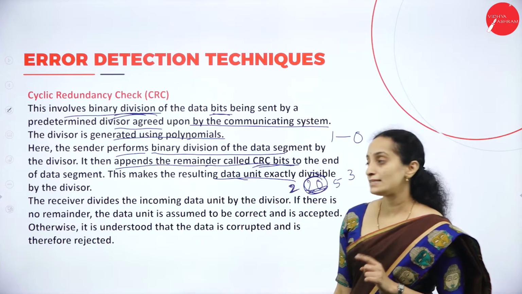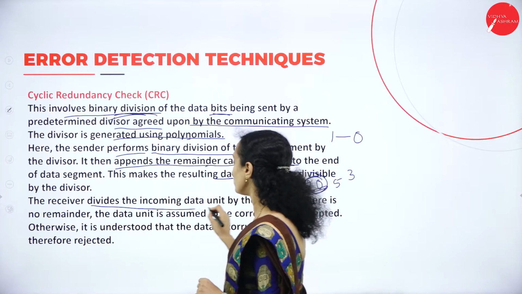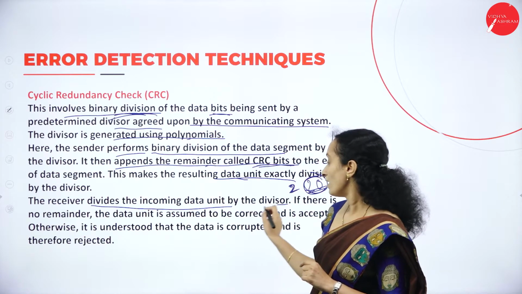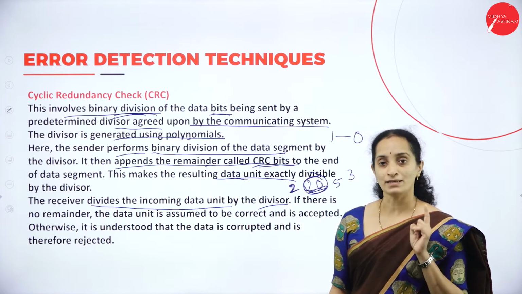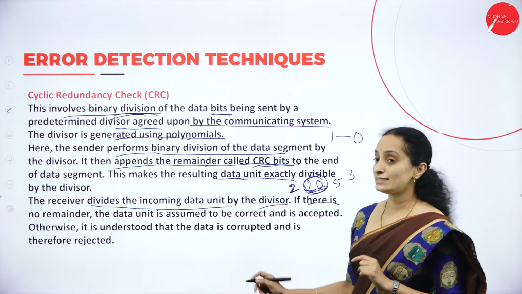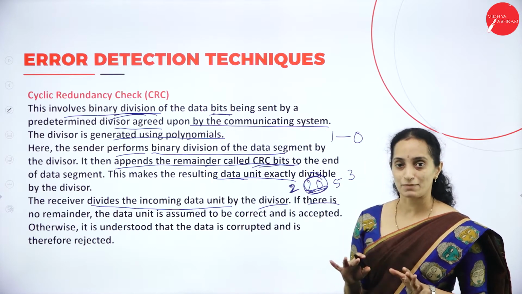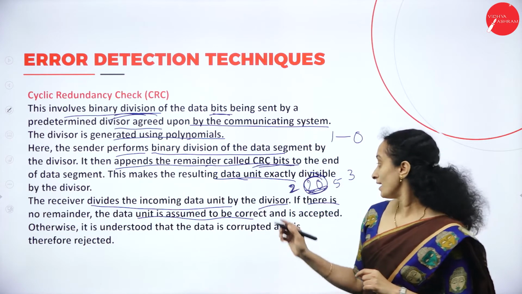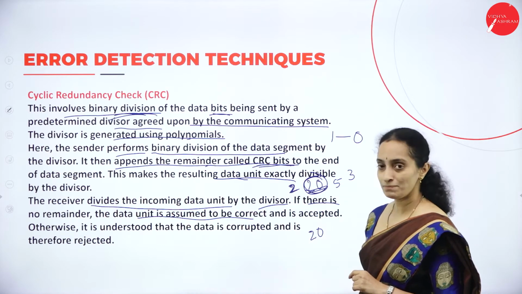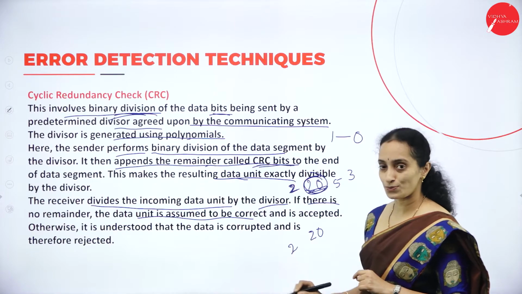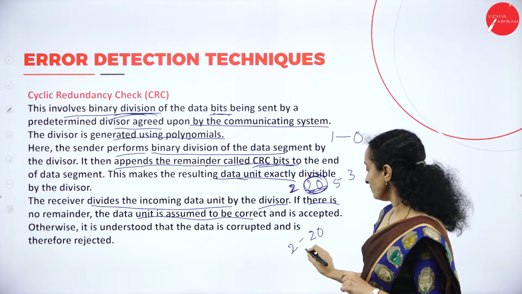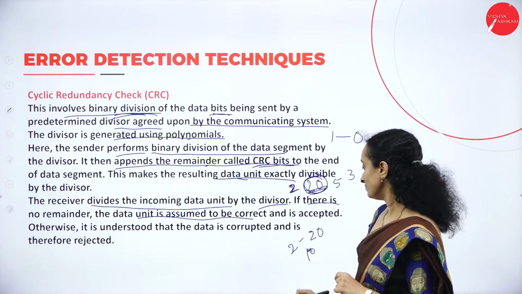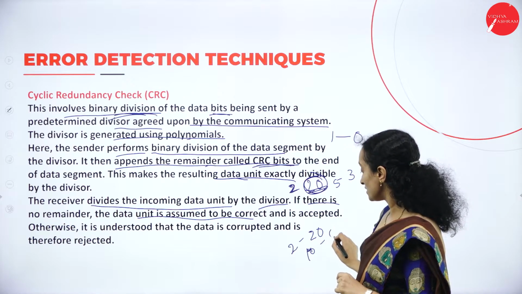When the receiver receives the data, he divides the incoming data frame by the same divisor given by the sender. If you don't get any remainder, 0, the data is assumed to be correct. If 20 is the data and the common divisor is 2, the quotient will be 10 and the remainder 0.